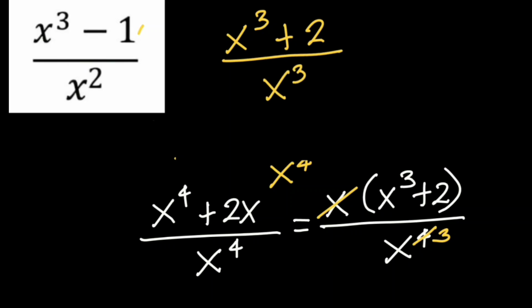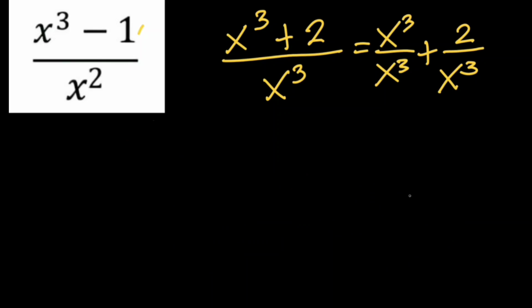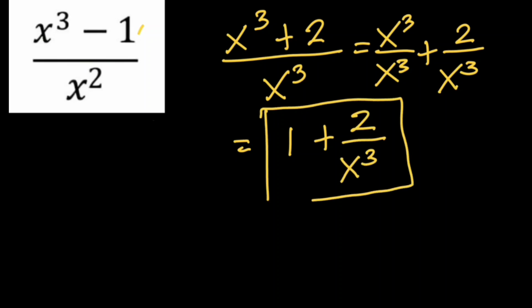If we separate them, this would become x cubed over x cubed plus 2 over x cubed, or simply 1 plus 2 over x cubed. So this is our final answer. Therefore, the derivative of x cubed minus 1 over x squared is equal to 1 plus 2 over x cubed.